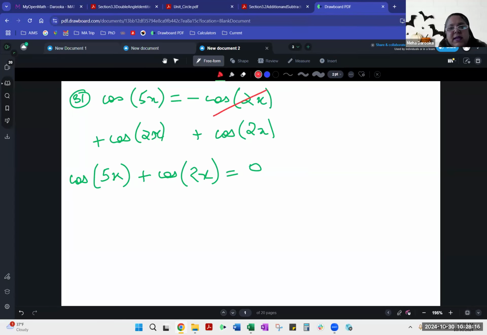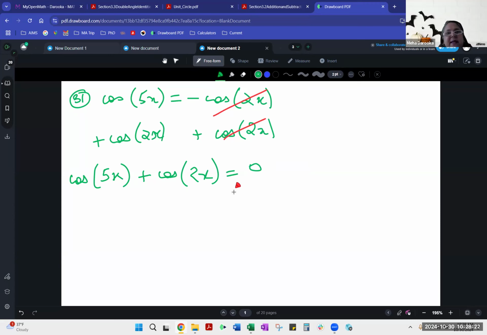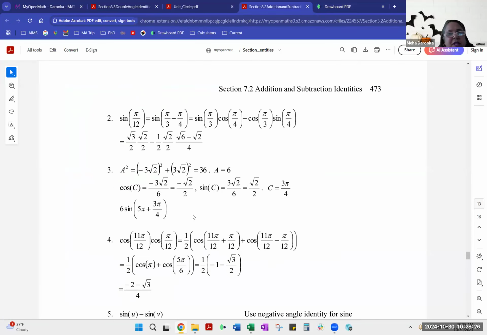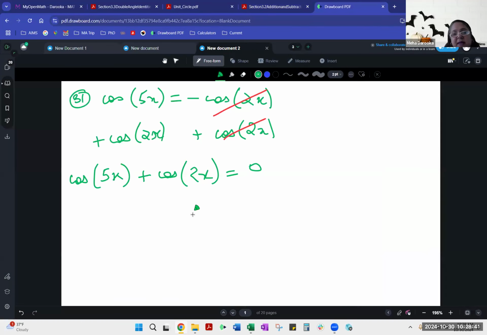So essentially, these just cancel out. Okay, and then applying the identity for cosine u plus cosine v, you can see this is 2 times cosine of (u plus v) divided by 2 times cosine of (u minus v) divided by 2, right?